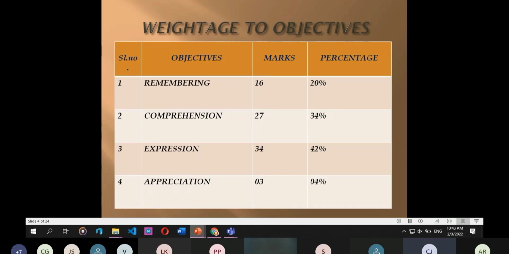Then the last objective is appreciation. For appreciation, the content expected is figure of speech and question answers.